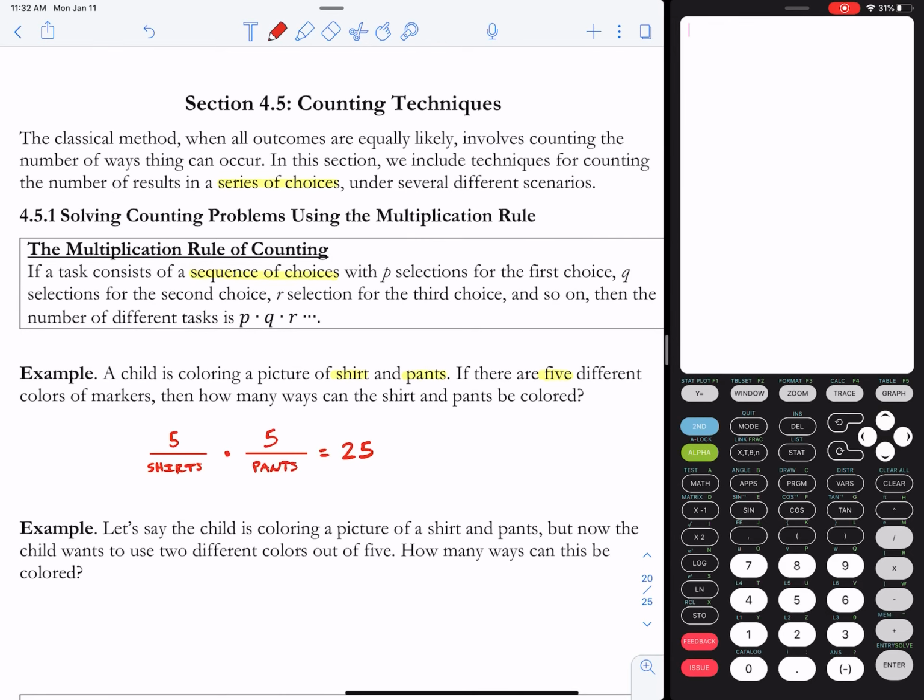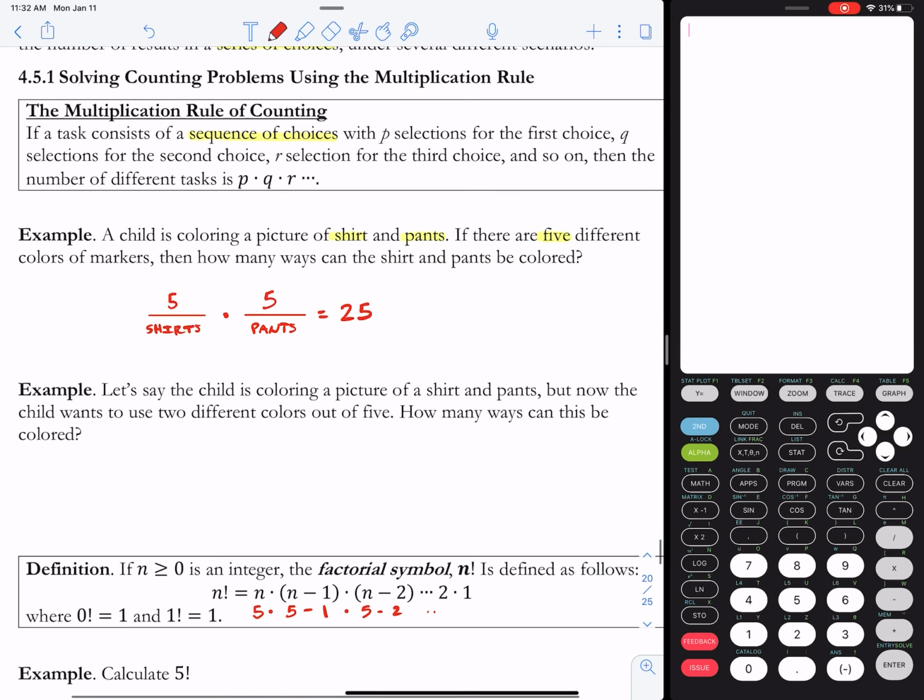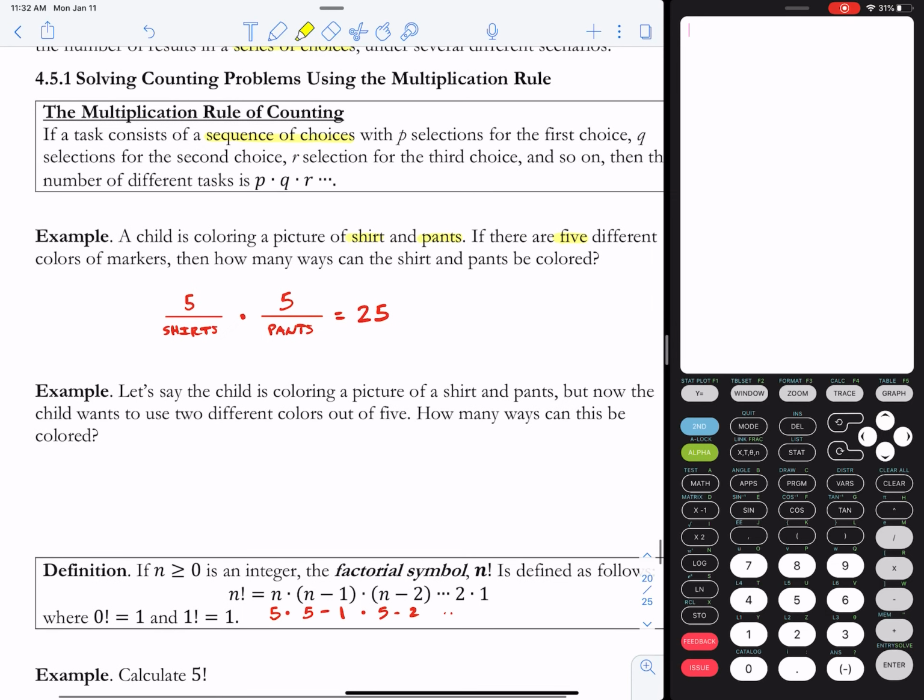Let's look at the next example. Let's say the child is coloring a picture of a shirt and pants again, but now the child wants to use 2 different colors out of the 5. How many ways can this be colored? So again, we can't use the same color twice like we did in the first example. We can only use different colors.